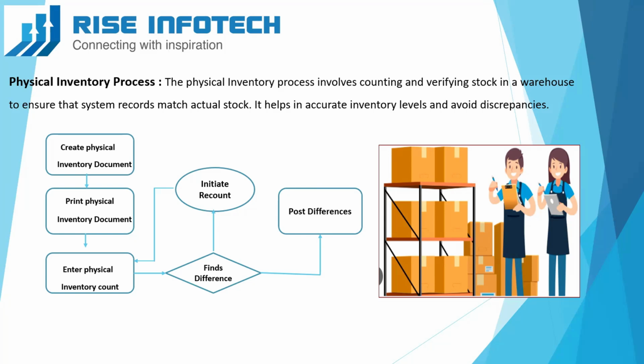If we have some 100 tons of rice, the quality can change, so out of 100 tons, one bag may have some shrinkage or damage. Those differences are a loss to the company and are maintained in the P&L account of that particular company. Finally, we will post the difference.